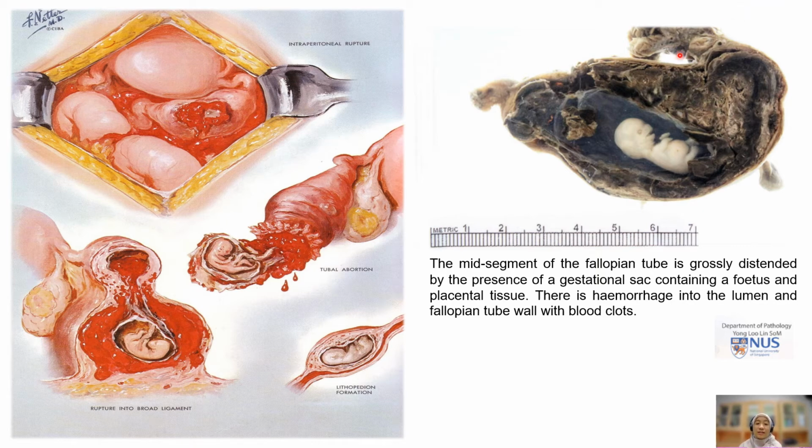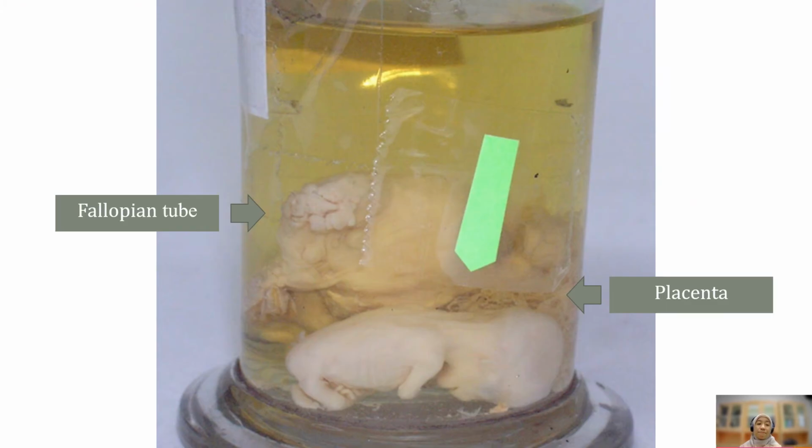Here is the gross specimen of the fallopian tube where we can find the gestational sac with the fetus inside and also the placenta. Here's the microscopic specimen of our lab work.